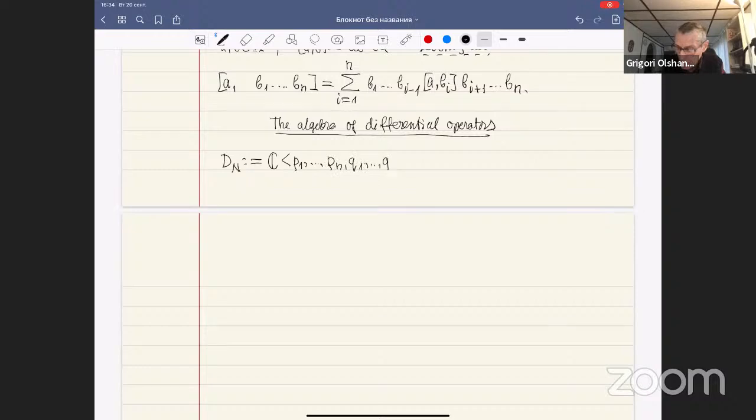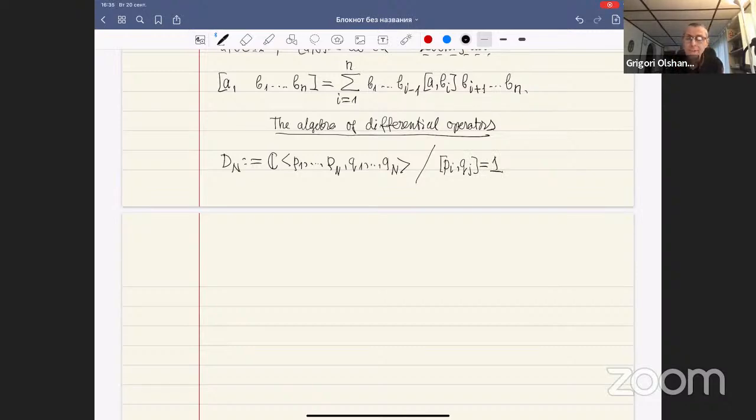This is my notation. I take this algebra and take the quotient over the relations, the commutator is equal to 1.